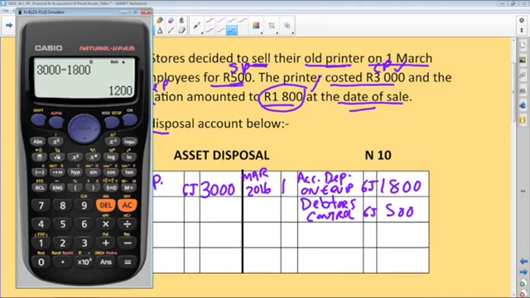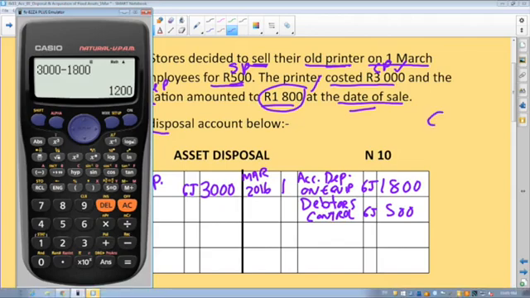And this printer is worth 1,200, is that right? Yeah, it should be. So this printer is worth 1,200, but we sold the printer for 500 Rand. So immediately, carrying value 1,200, but that selling price is 500.